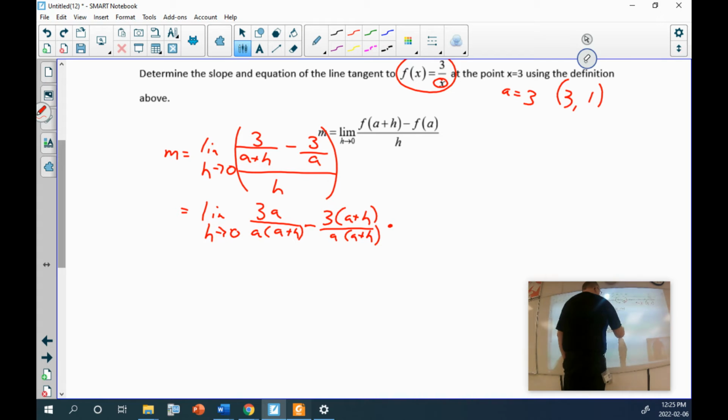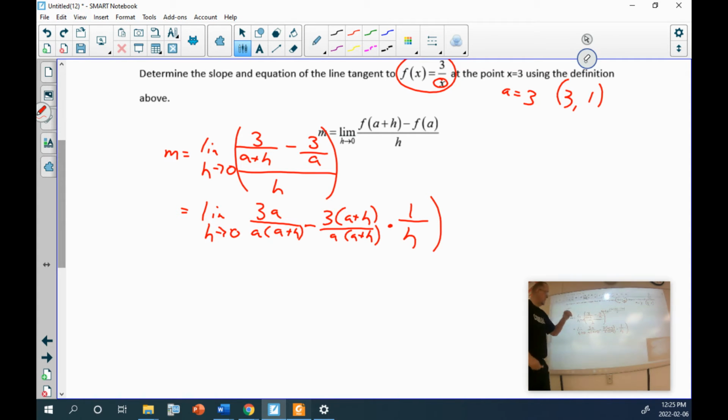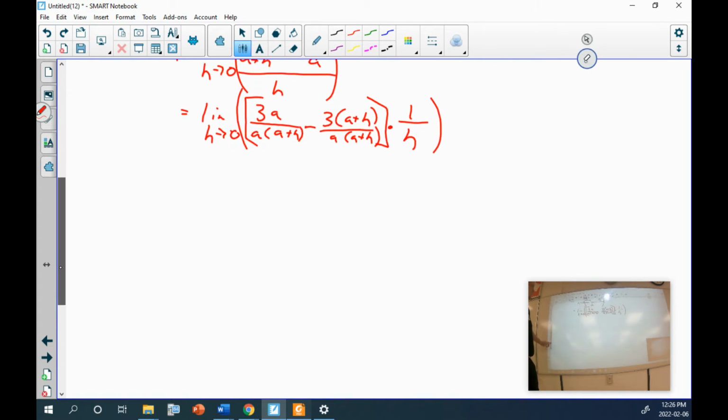And for tidiness' sake, I'm going to write the divide by h as 1 over h. You can see why I'm doing it. It just tidies it up a little bit.